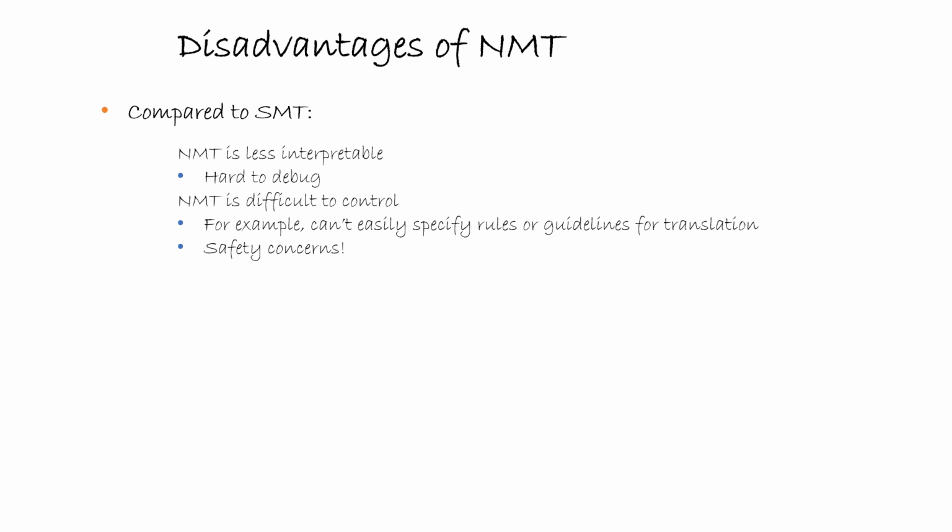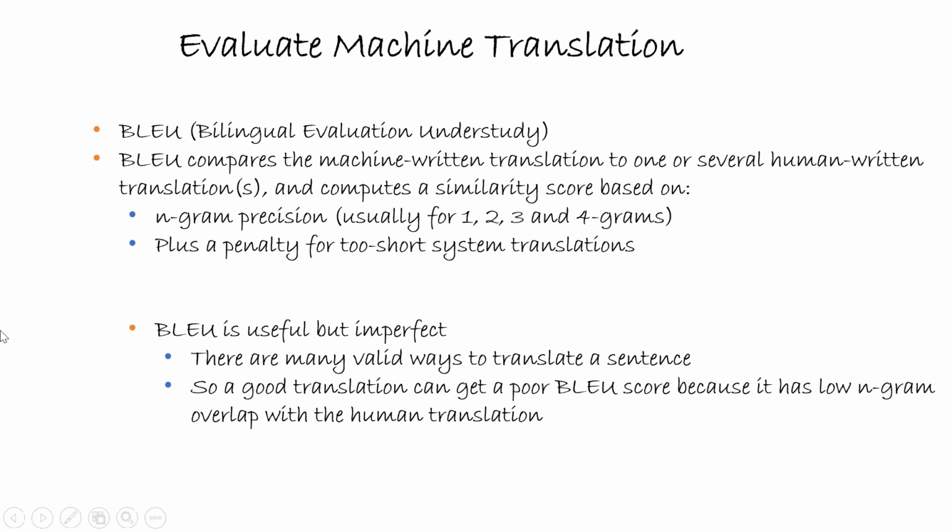Probably in future we can do graph-based or something like that, right? So those things are always there in comparison. Okay. So NMT is difficult to control. For example, we can't easily specify rules or guidelines for translation, and safety concerns are also one of the disadvantages of neural machine translation.